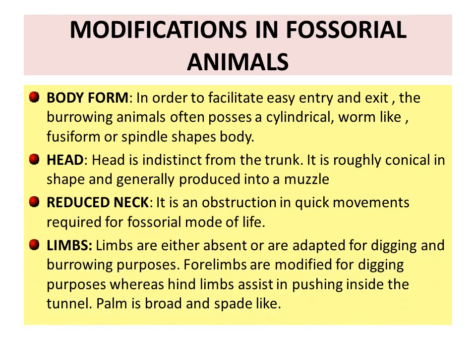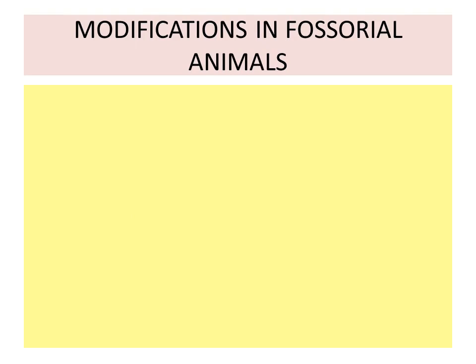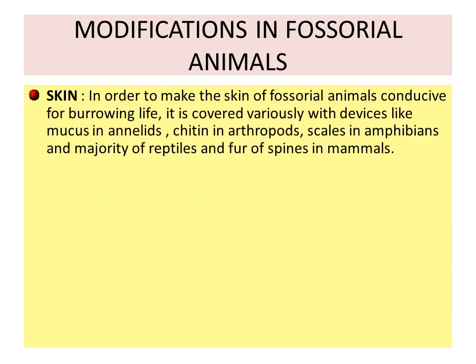Then there are the limbs. Limbs are either absent or are adapted for digging and burrowing purposes. Forelimbs are modified for digging, whereas hind limbs assist in pushing inside the tunnel. Palms are broad and spade-like. Next modification is in the skin.